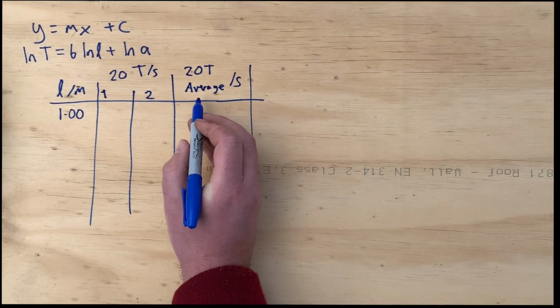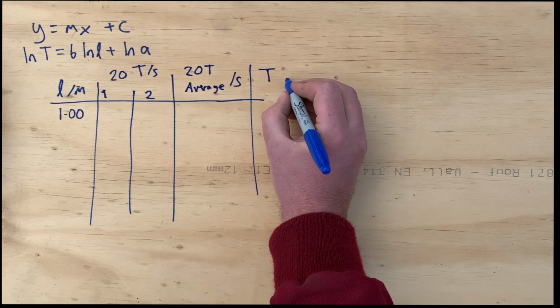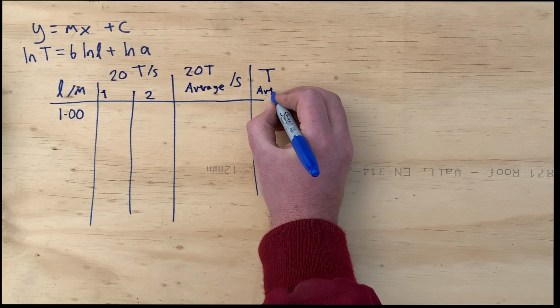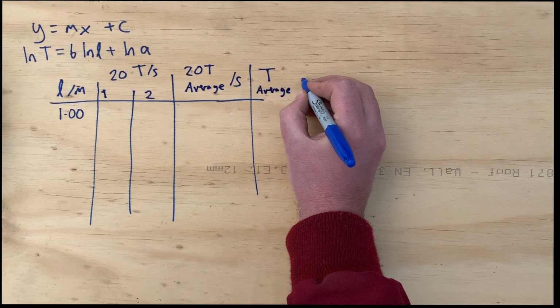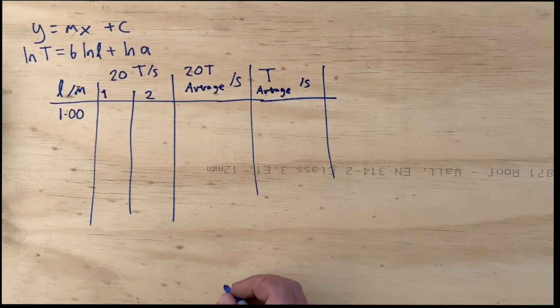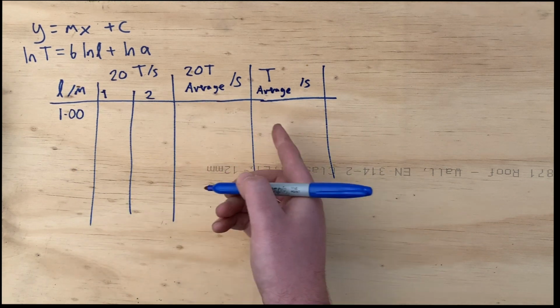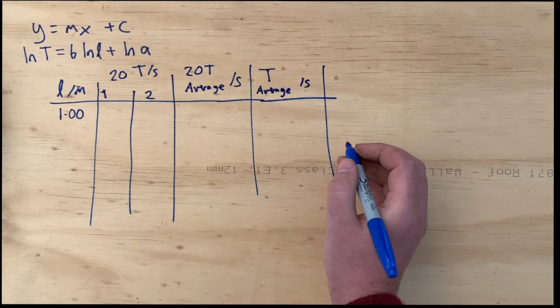You could potentially miss that column out because then obviously we're going to definitely need a T average. And you can label these how you want, and that's in seconds as well. Probably the way I'm labeling it isn't best, but I'm making it up as I go along. But these are the column headings that you want really, so you could miss that one out.